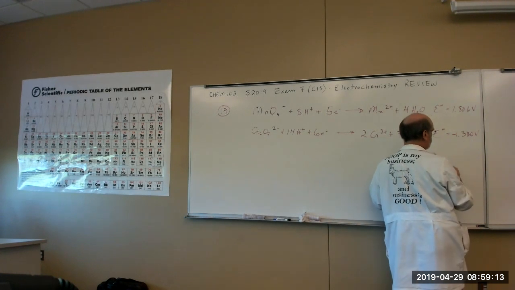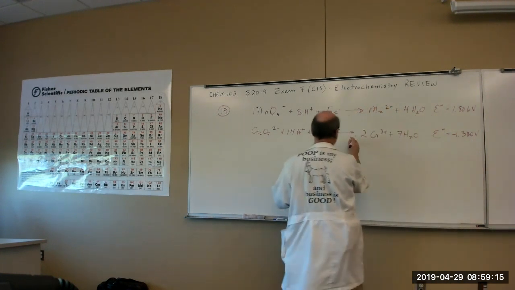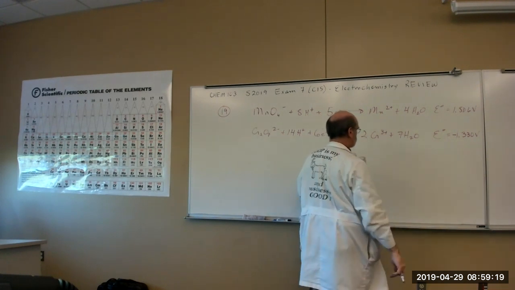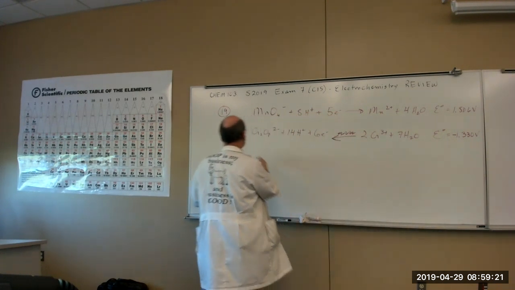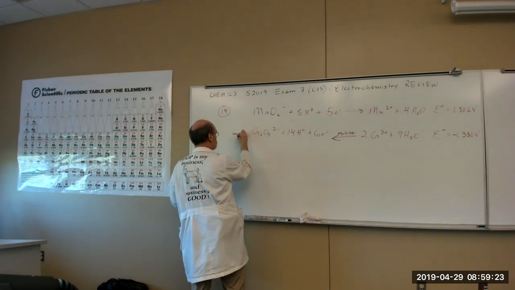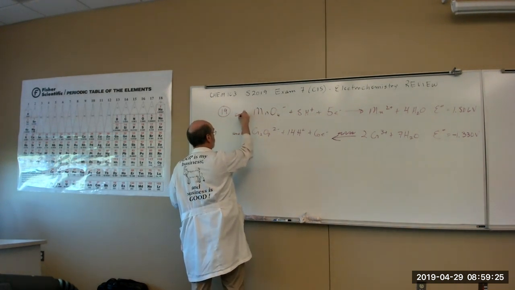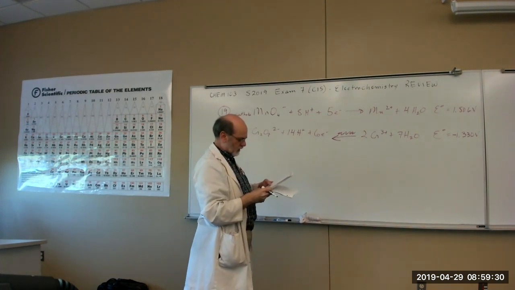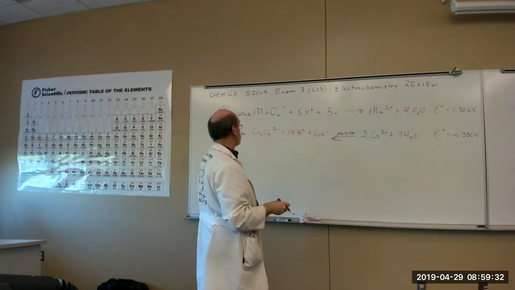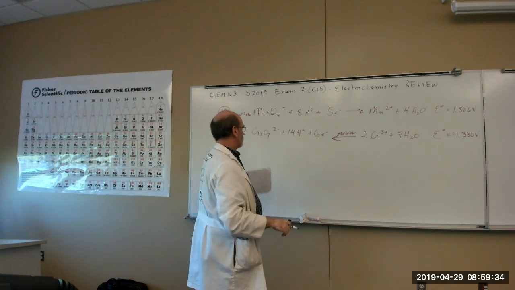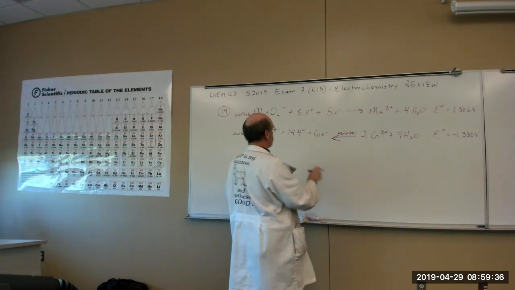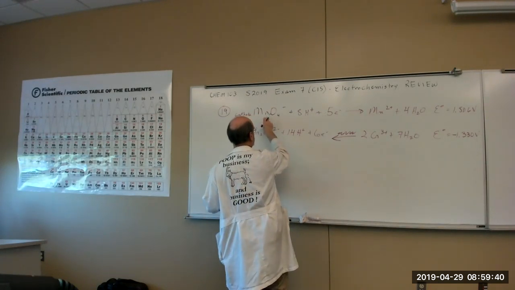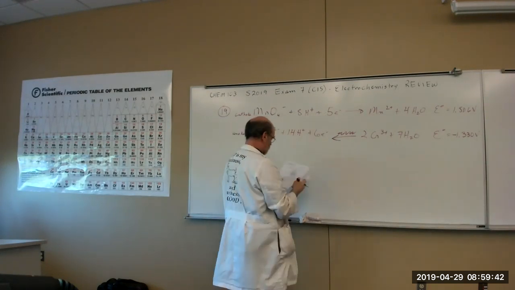So make that one negative, then this one reverses. Now we know this one's the anode and this one's the cathode. Now we should be able to answer the question. When the current is allowed to flow, which species is reduced? Okay, this is going to be the reduction. So the manganate ion is reduced.